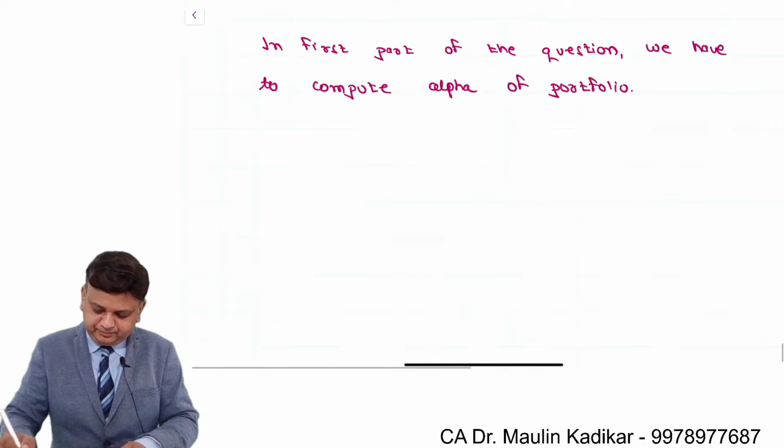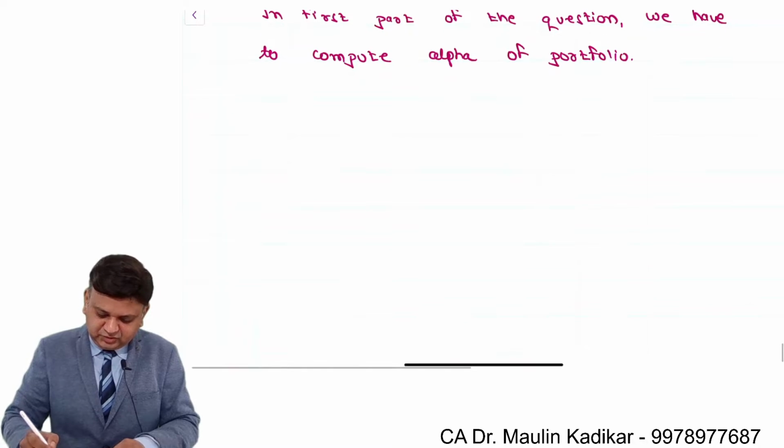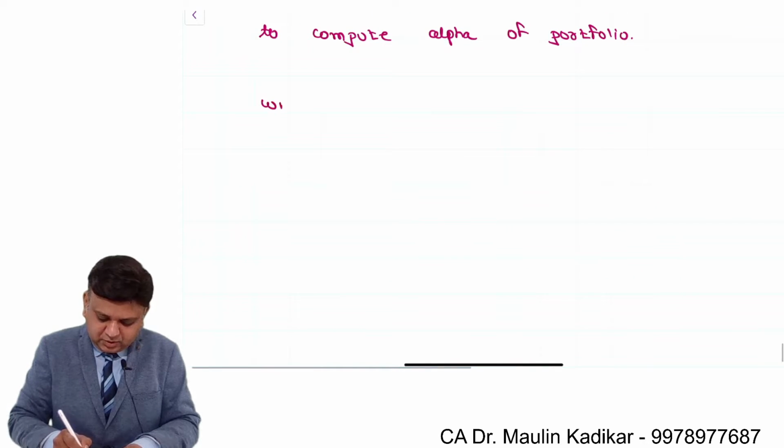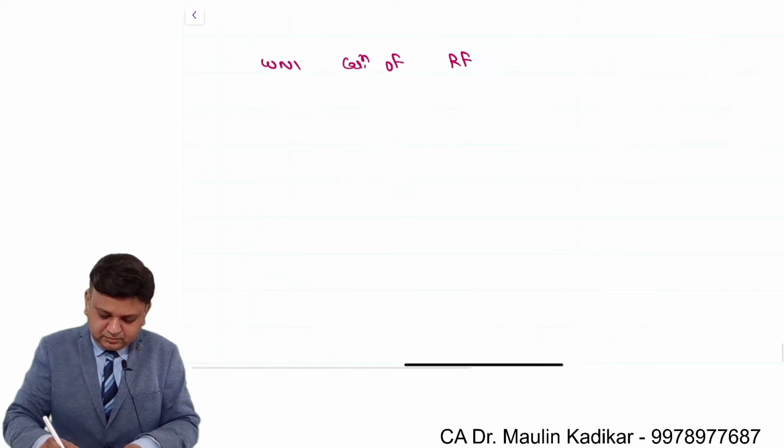Full stop. In the breakdown, working note number 1, calculation of RF, calculation of monthly RF.